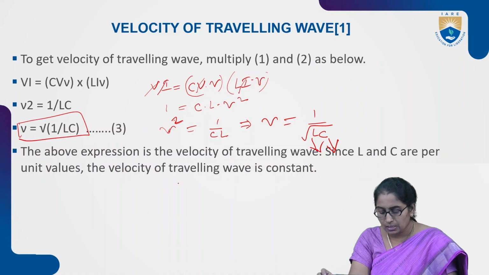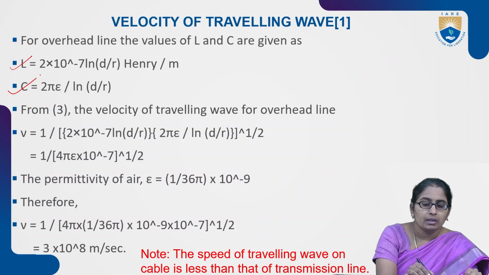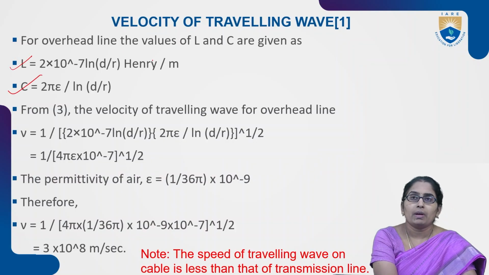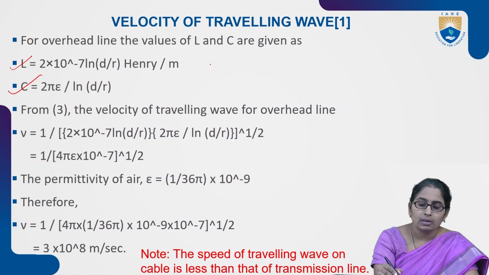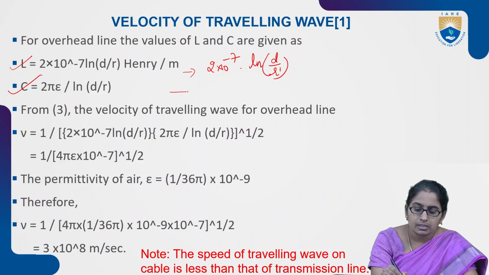For the overhead line, the expressions of L and C: L is given by 2 into 10 power minus 7 log of d by r dash, and the C expression is 2 pi epsilon by log of d by r.